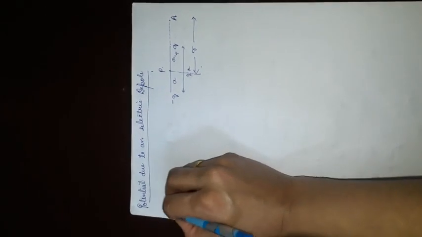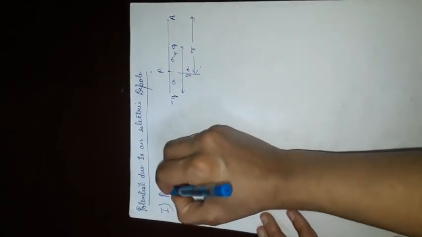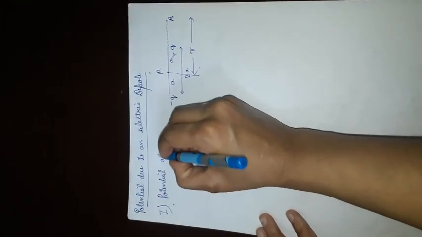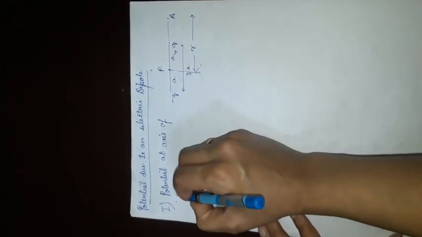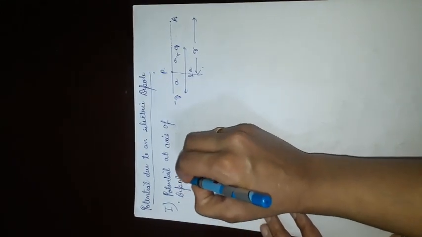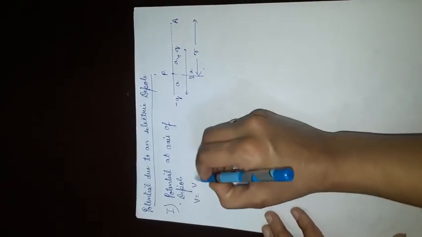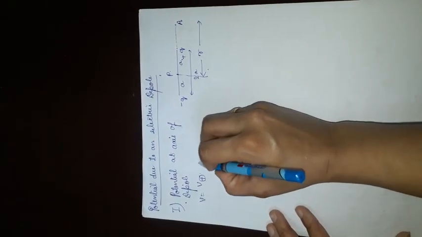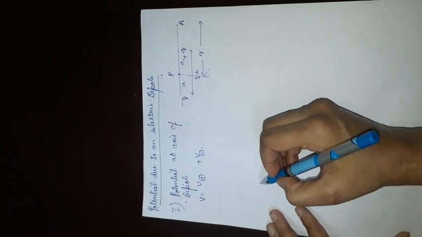So for case first, potential at axis of dipole, because we are taking two charges, so potential due to positive charge and potential due to negative charge.